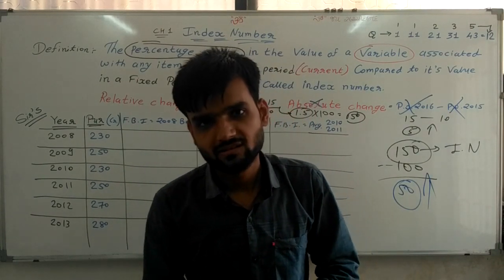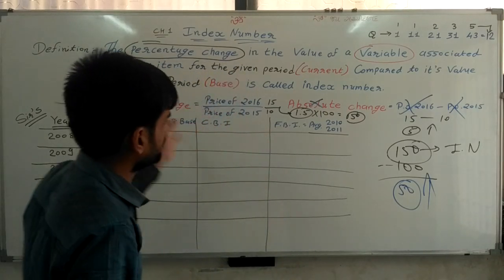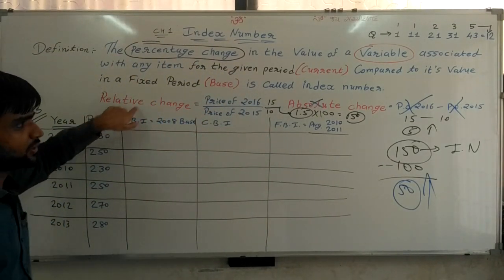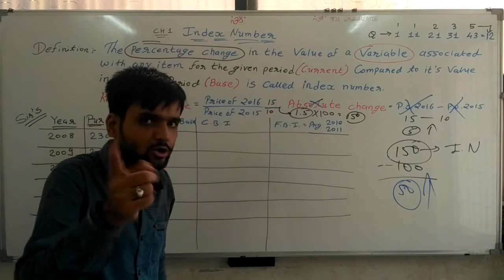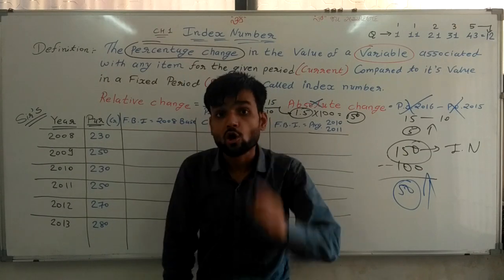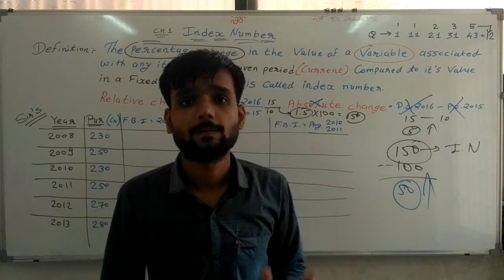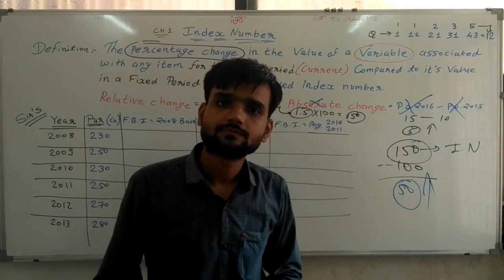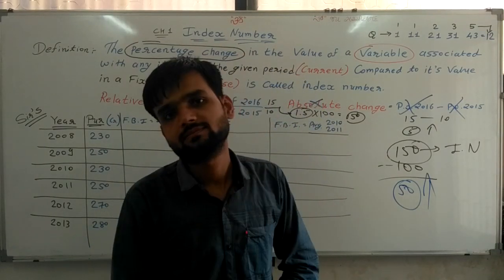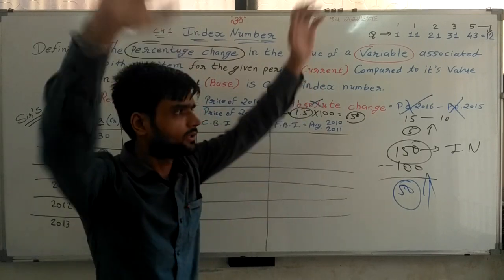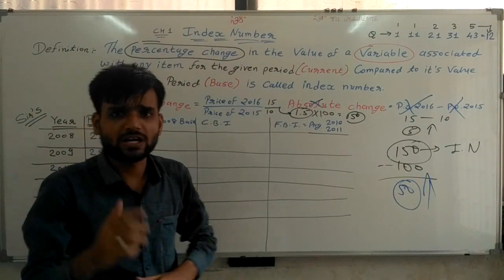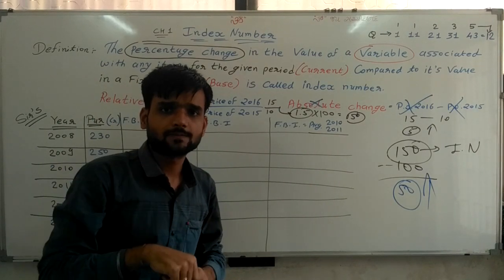Now, going ahead, this is the definition. And by this definition, we can clear relative change and absolute change. We are not considering absolute change. We are considering relative change for index number. Going ahead and doing sums on that basis. Now here, one type of sums are given in which we are finding index number in two ways.